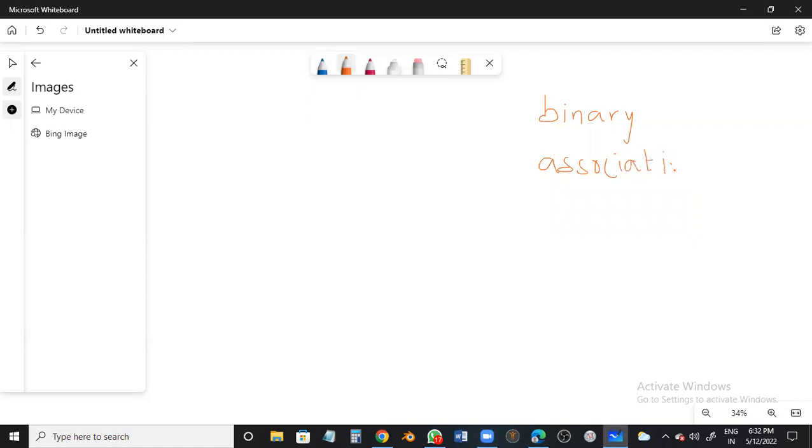Next, we want identity element. Next, we want inverse with respect to that operation. Next, we want commutativity. I feel all of you know this very well.